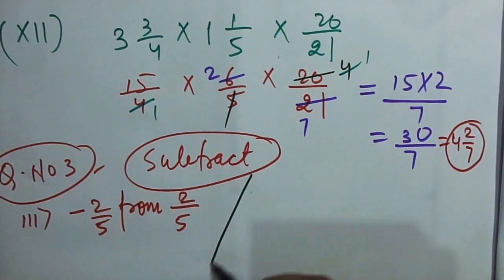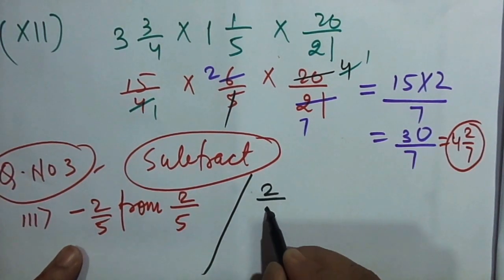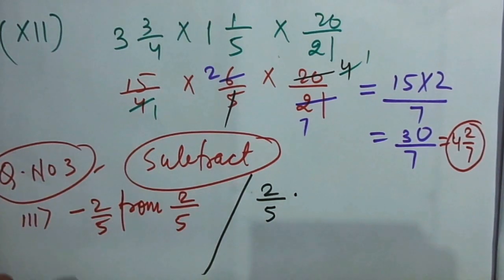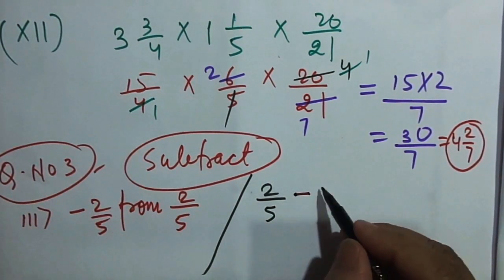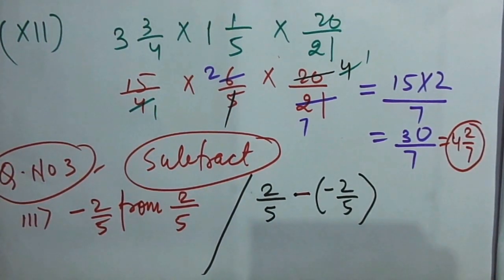So this 2 by 5 should be written first, and then I am going to subtract minus 2 by 5.